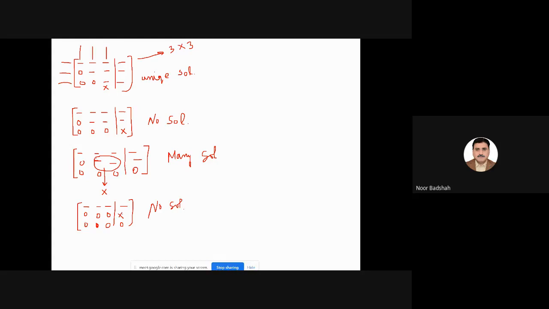But if this one is also 0, and then we have 0, 0, and 0, 0. Okay. And then obviously, if you go back to the first equation, at least one of these will be non-zero, and then we have many solutions.